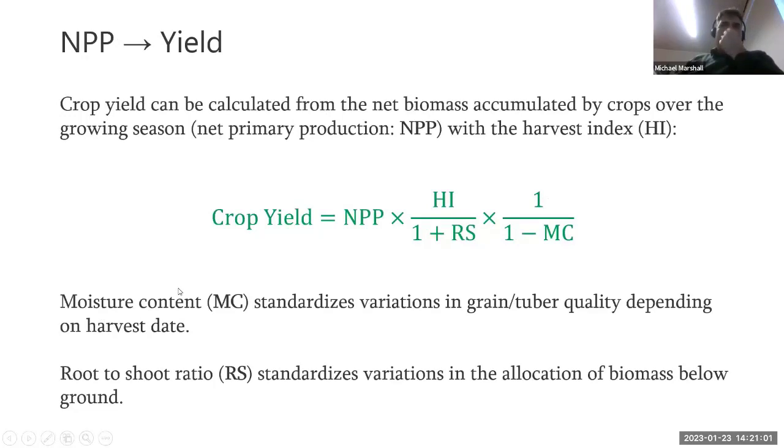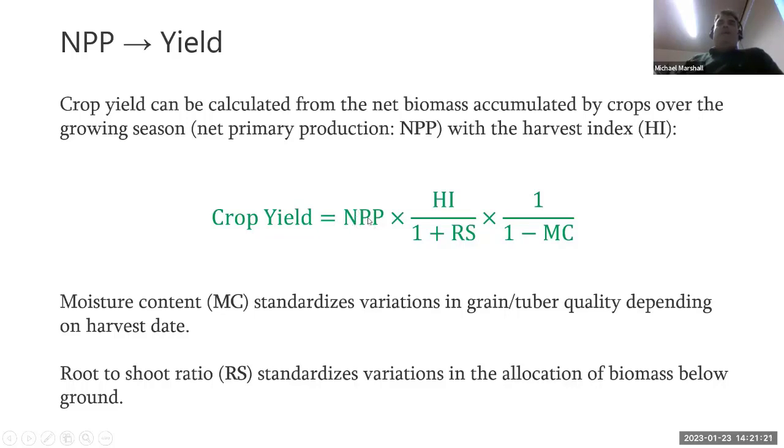So let's start now with just a few basic equations of how crop yield is estimated from essentially biomass accumulation. So you can see the formula here. Crop yield is a function of what we call NPP. This is net primary productivity.